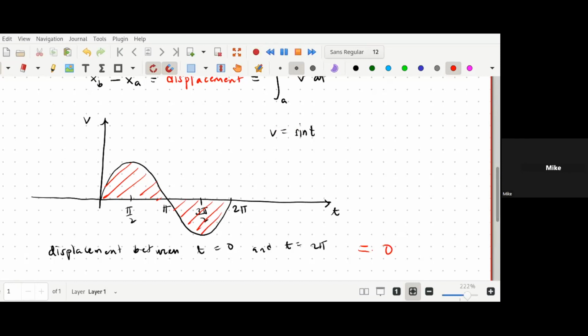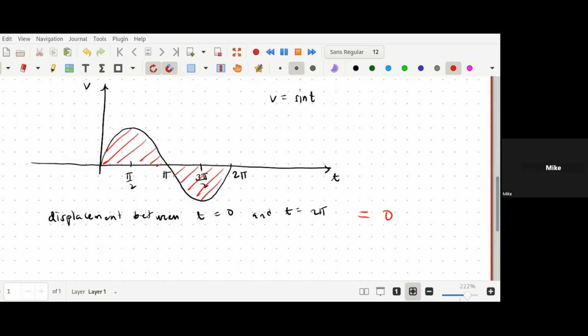Ngayon, what about distance traveled? Let's say v equals sine t between 0 and 2 pi. Ano naman magiging value?